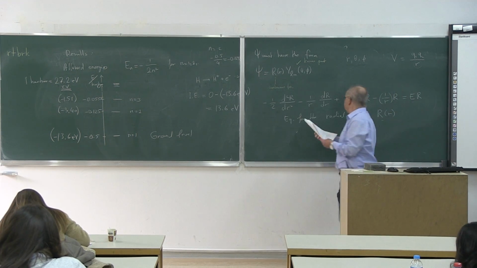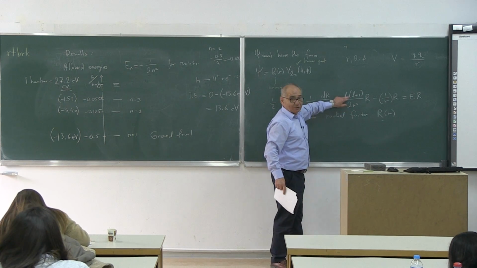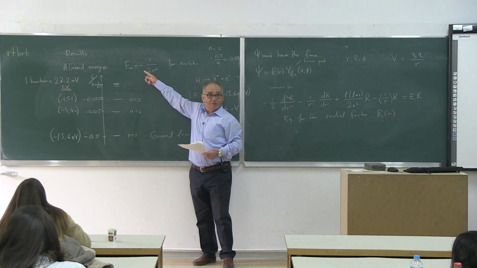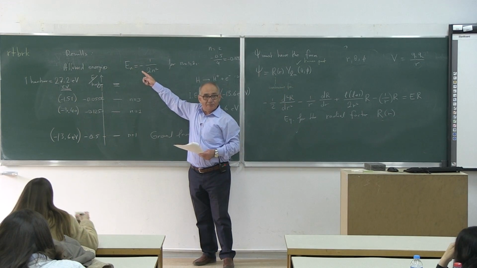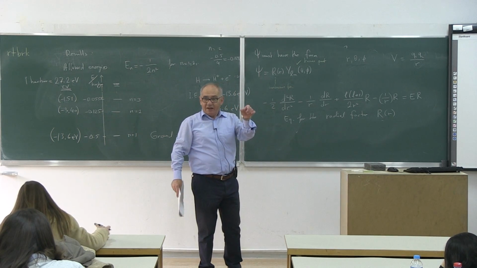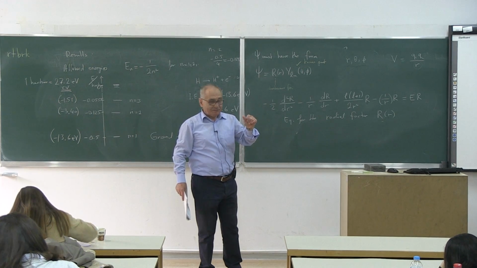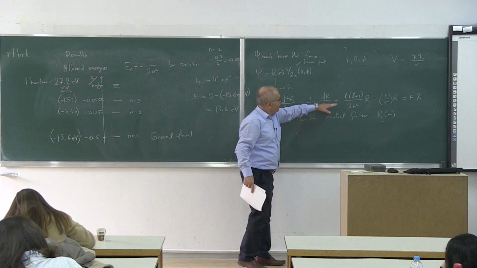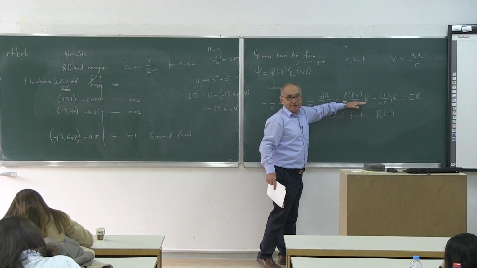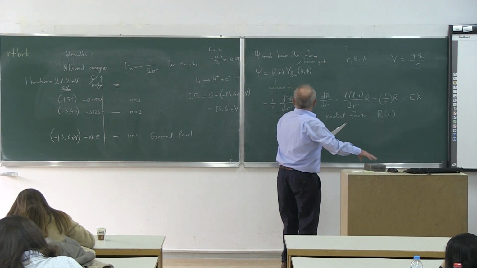Please note that this differential equation contains the L quantum number. But in the energy expression, you don't see any L. That's something important, that the energies are independent of the L quantum number. But we will see that the radial functions do depend on which value for L you use here.